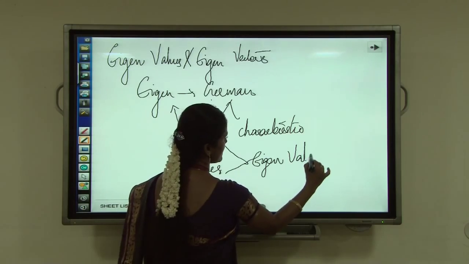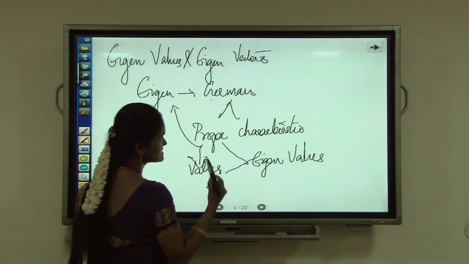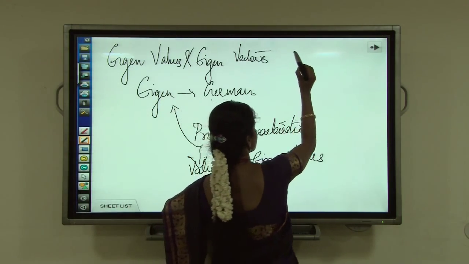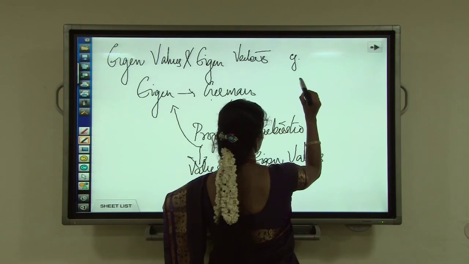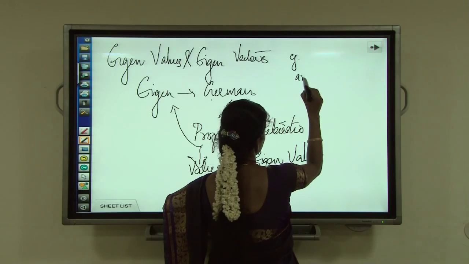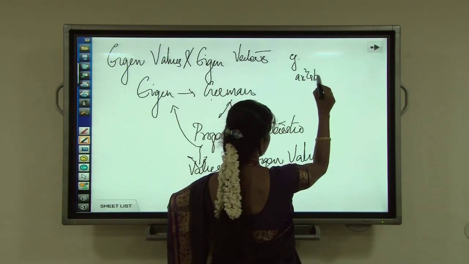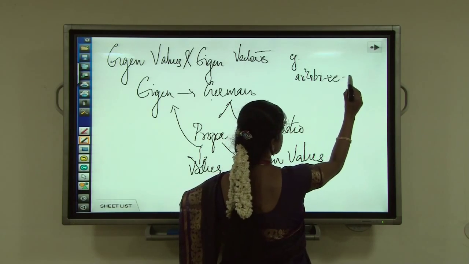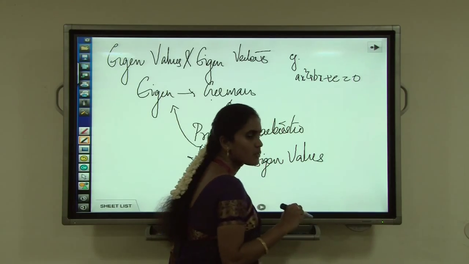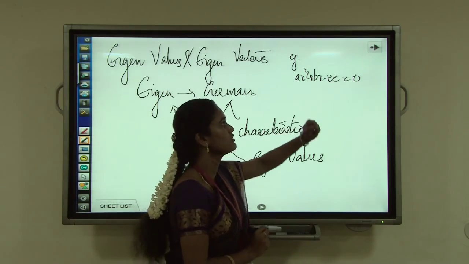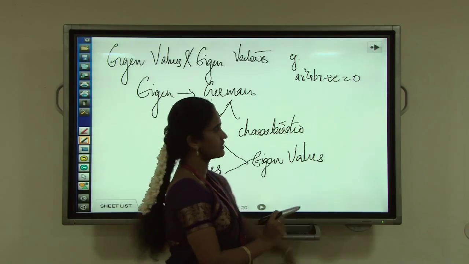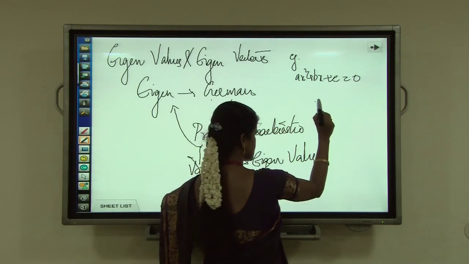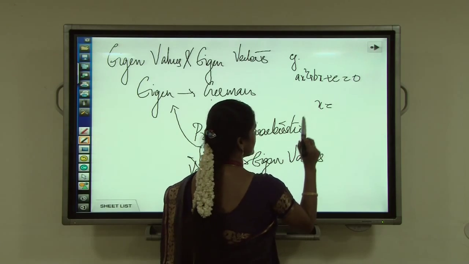What these values actually mean is, when we solve a quadratic equation, let us take an example: ax square plus bx plus c is equal to 0. Solving this equation, you will get the roots, or the values of x. We name those roots the eigenvalues.